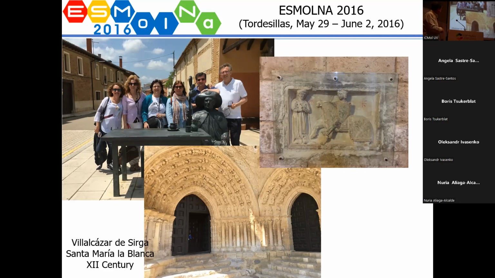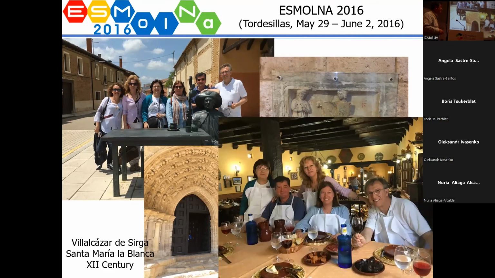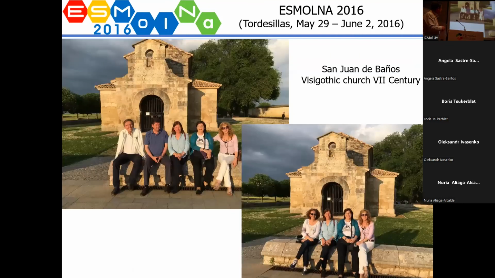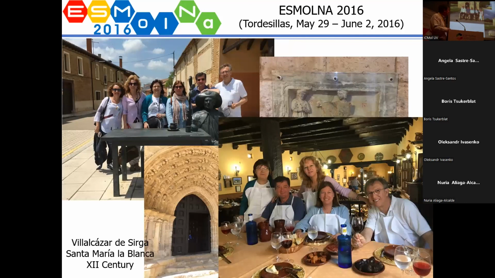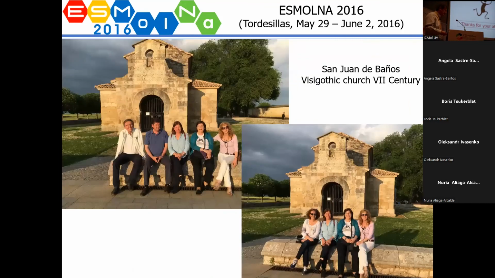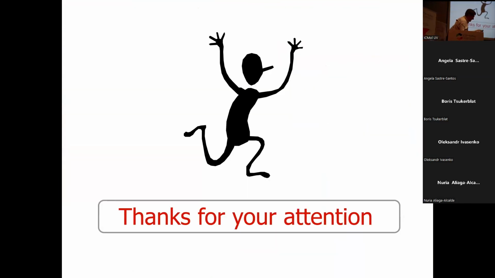It's Santa María la Blanca in Villalcázar de Sirga from the 12th century. Of course, if you are with Eugenia, you have to stop to taste some lamb. That's very important. And that is a very unique place, because this is a Visigothic church from the 7th century. Very nice place, and thanks for your attention.